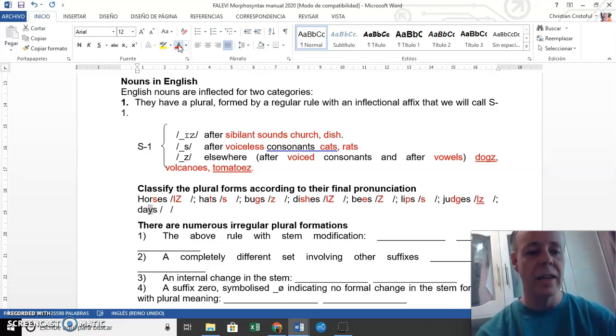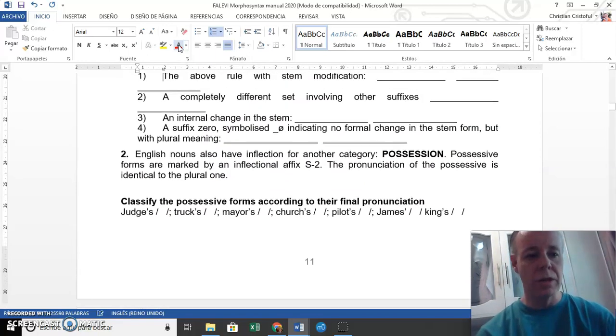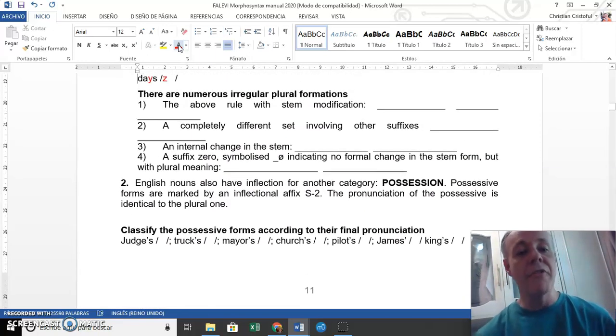And day, a is a vowel, so the plural is days, like this. Now let's go into this irregular plural formation. We said that in English we add s to the words and they are plural. Yes, like Spanish.